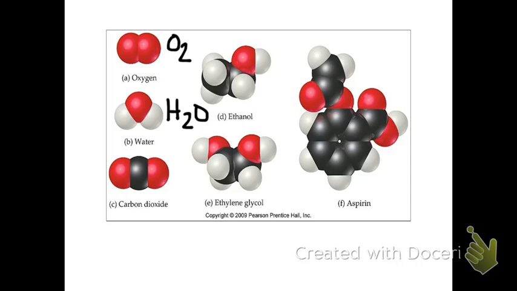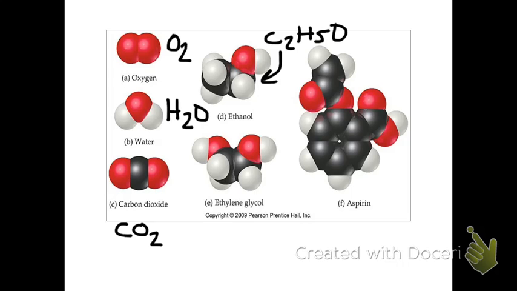Again, we talked about carbon dioxide being CO2, and it has a fixed ratio of 1 carbon to 2 oxygens, always. Now, ethanol has a formula of C2, 2 carbons, and if you count, 1, 2, 3, 4, 5 hydrogens and 1 oxygen. So ethanol has the formula C2H5O, or a ratio of 2 carbons, 5 hydrogens, and 1 oxygen.